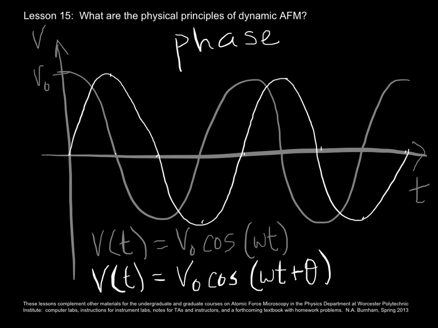And what theta represents is how far behind the sine wave is from the cosine wave. So if you remember your trig, this value is pi over 2, but since it's behind it in time, the value of theta is minus pi over 2.